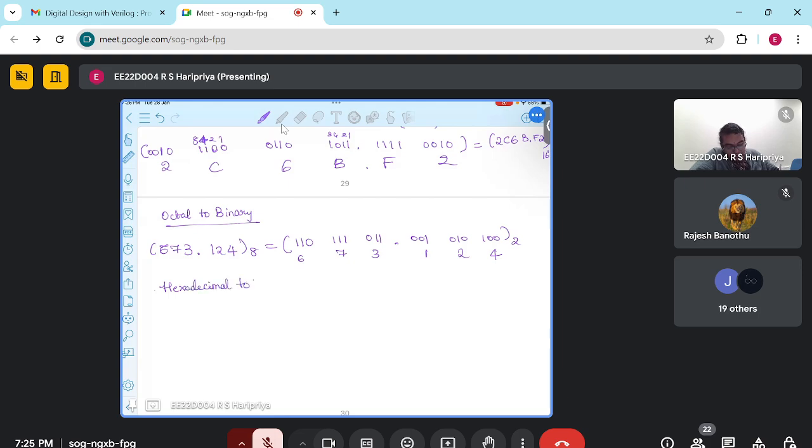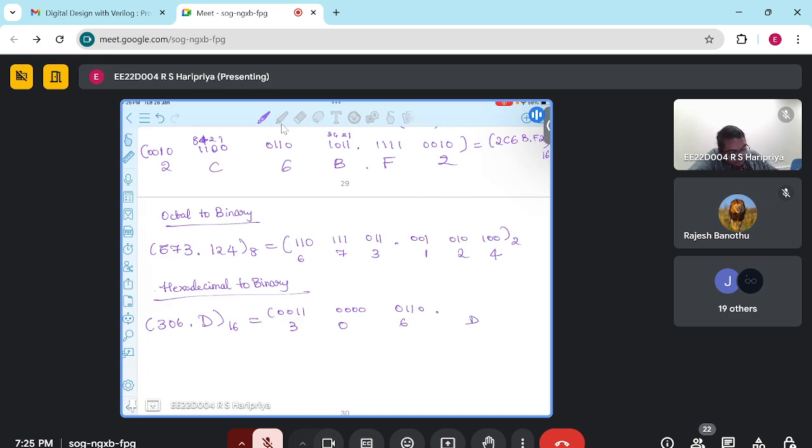So the next we will do hexadecimal to binary, which is 306. So 3 we have to represent as a group of 4, 0 and 6.